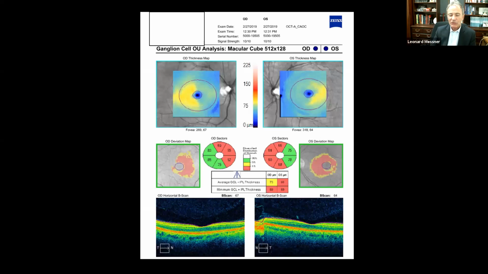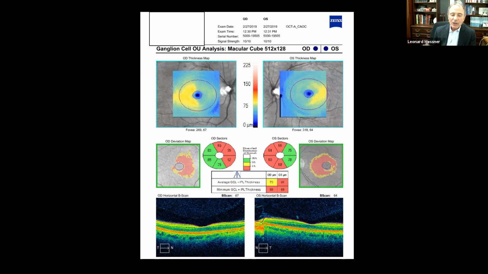But looking at his ganglion cell complex, and I think here you can see it best if you look at the overall retinal topography map, is this beautiful representation of this binasal thinning of the ganglion cell complex. So again, very reliable sign of a chiasmopathy. I strongly suggest that you do this if you suspect an individual of having a pituitary adenoma or some other pathology that is compressing the chiasm.